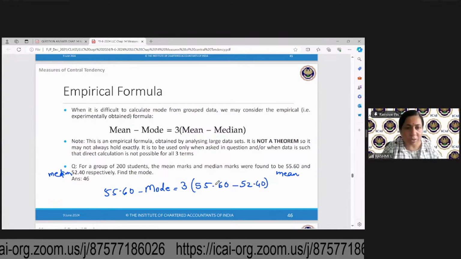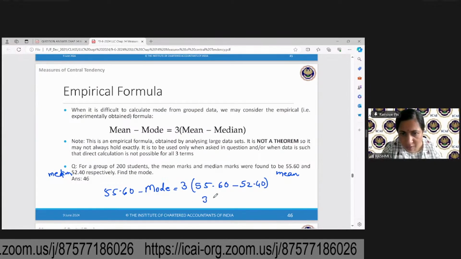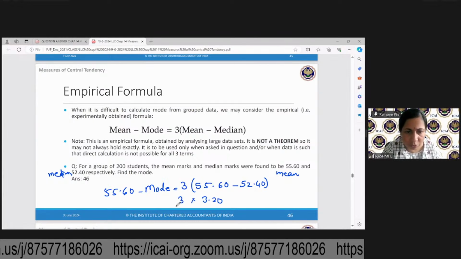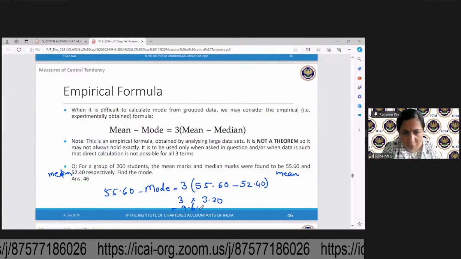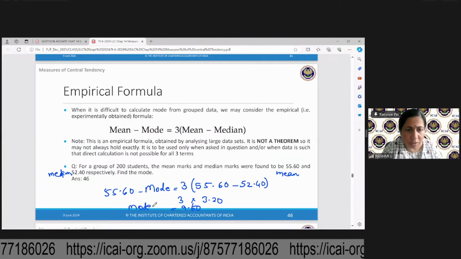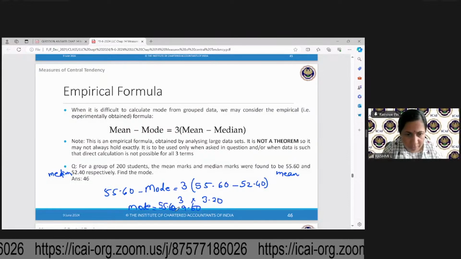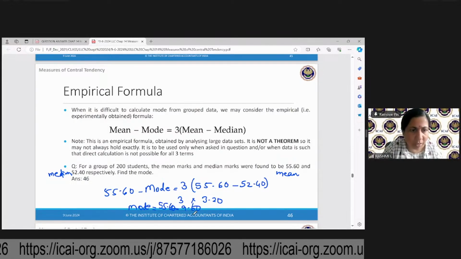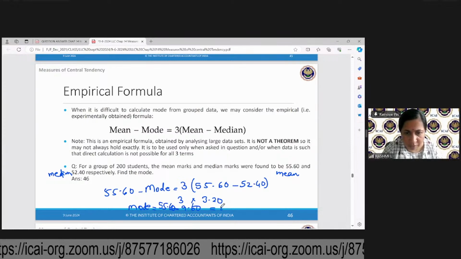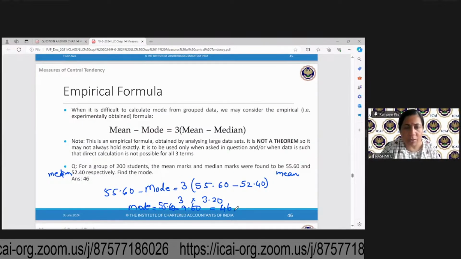Remember BODMAS, so first you will make the subtraction. This is equal to 3.20 into 3, which is equal to 9.60. So mode will be equal to 55.60 minus 9.60. So 55 minus 9 is giving you 46. So this is also a formula that you can use.